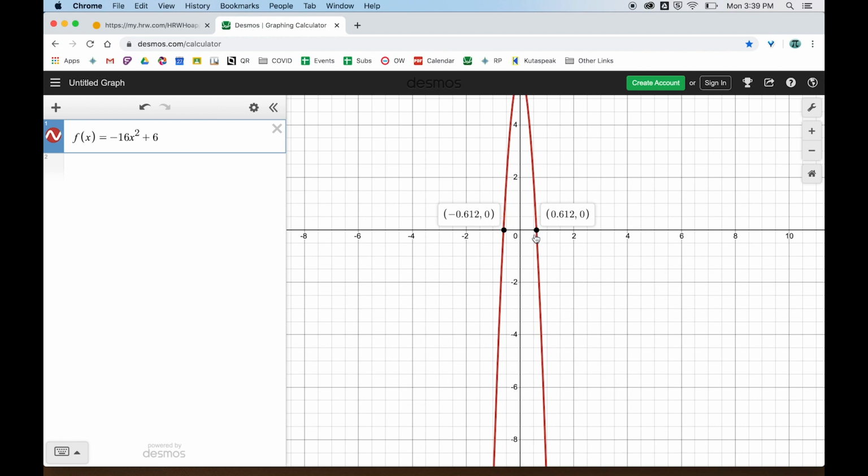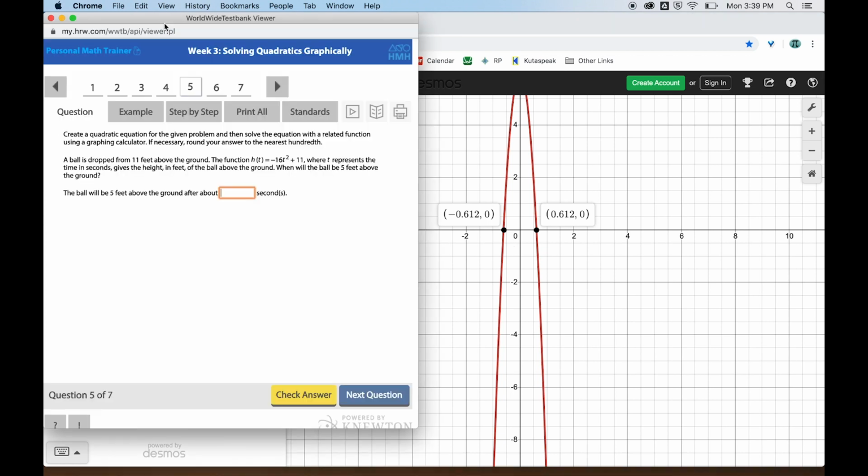And really only one of them makes sense. If you think about the original problem, it said the ball will be 5 feet above the ground after about blank seconds. Negative time doesn't make sense here. So we just ignore that answer. We just use the positive one.